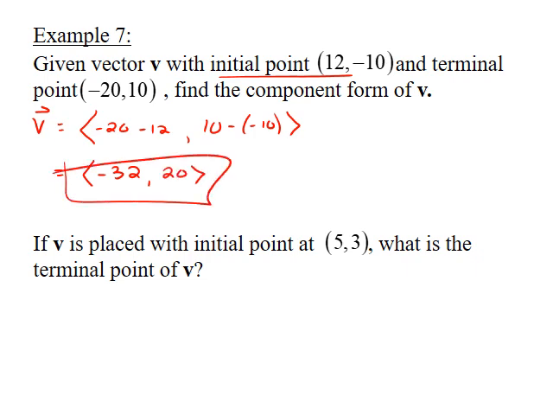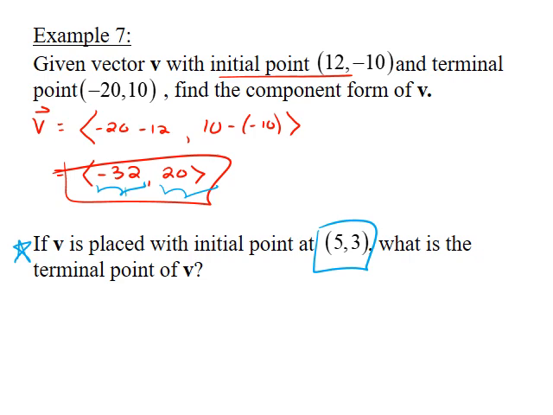All right, so here's the next part of this question: if v is placed with the initial point here, what is the terminal point of v? Well, basically this tells us our horizontal component, and this tells us our vertical component.